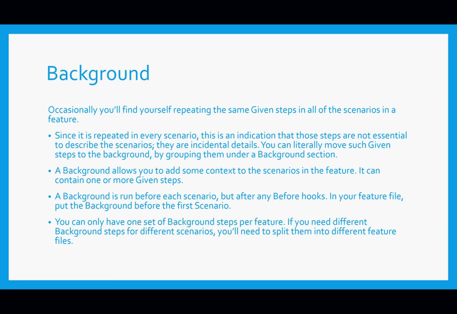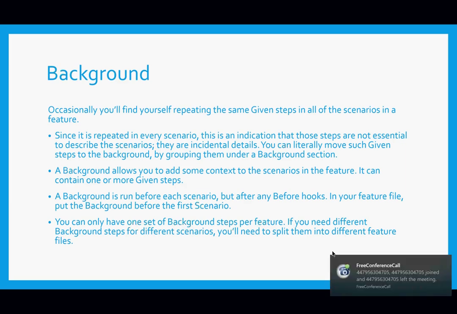After that, the background will run again, and the second scenario will start. When the second scenario finishes, the background will run again, then the third scenario will start. That's how it will go. However, if you want your tests to have different backgrounds, it is not possible. You need to split them into different features. We're going to look into this later.